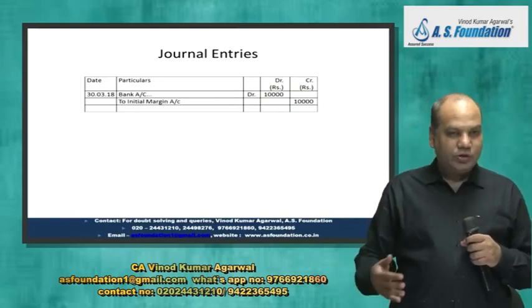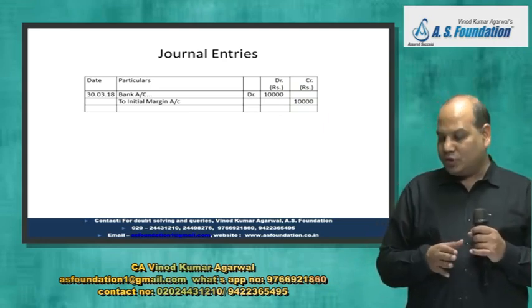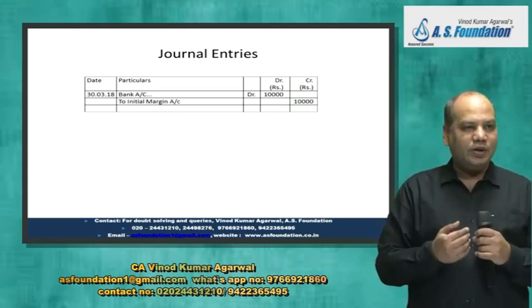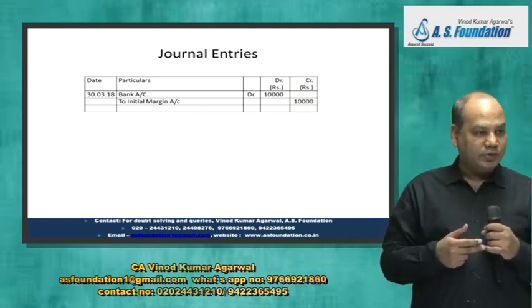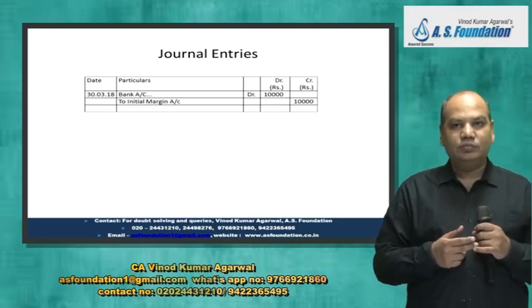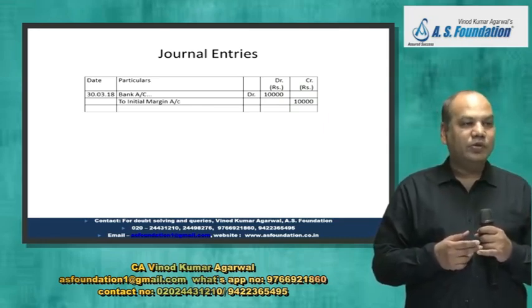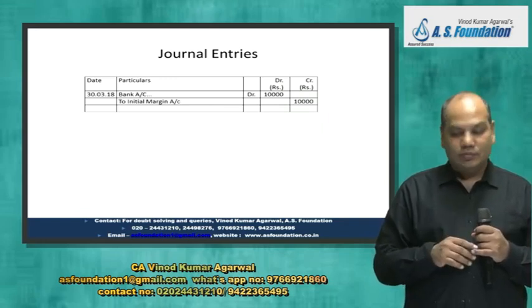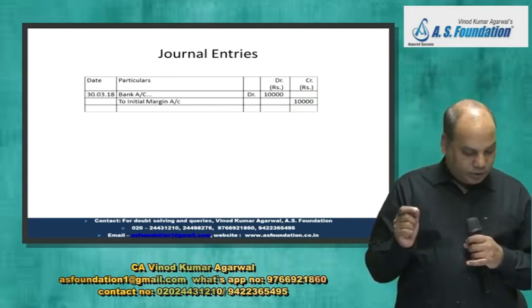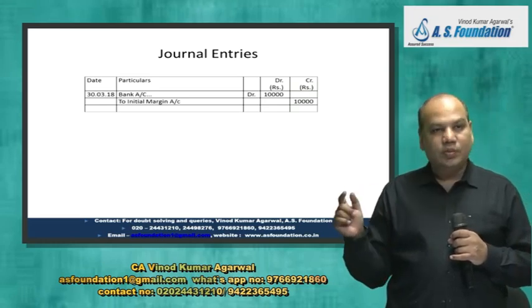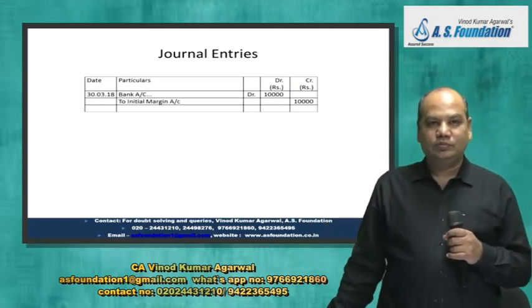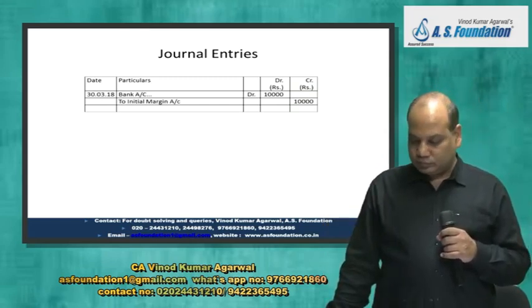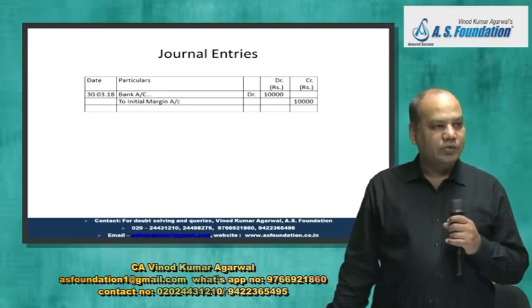Next day it is 25,000. The question is designed just to check your knowledge of accounting. That's it. So now you get the refund of 10,000. Bank account debit, how much? You will get the difference, 35 minus 25. To initial margin 10,000, being initial margin money received.